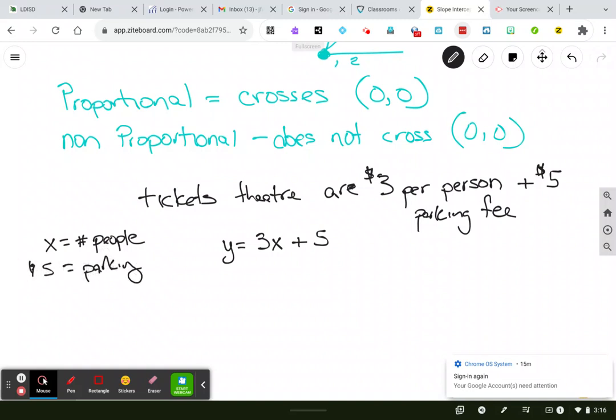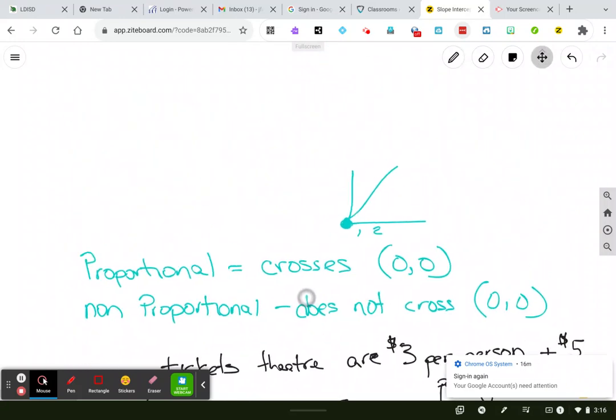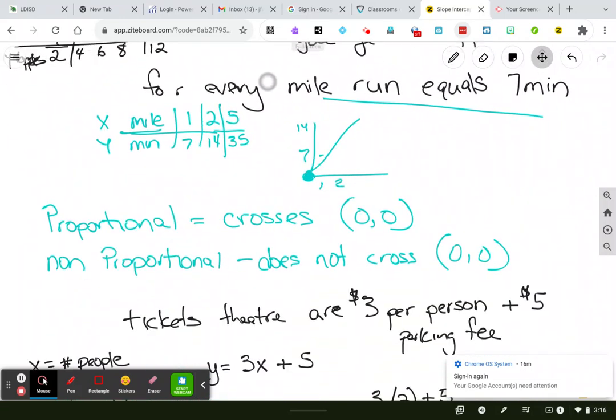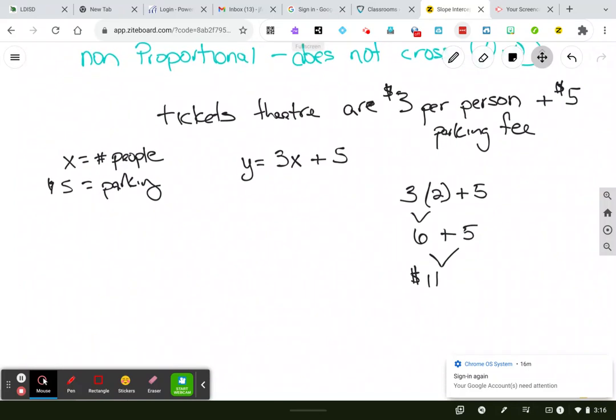Then I will know how much I could spend. If I took 2 people, that's going to cost me $6 for tickets plus $5, and that's $11. So that's how this concept works. This is still in the same kind of form as y equals mx plus b.